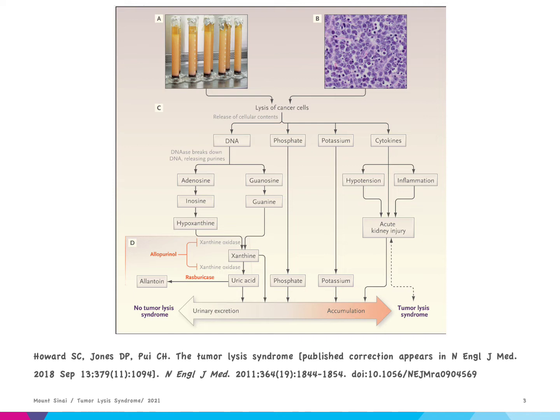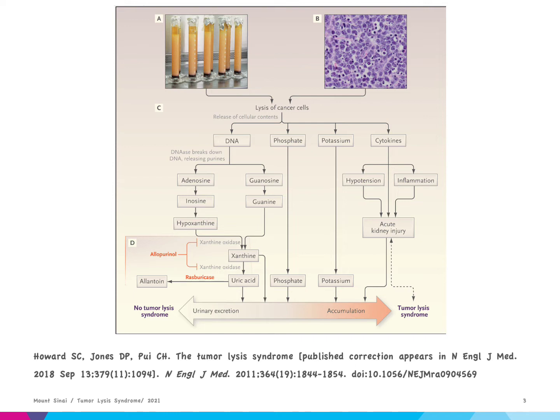Basically, like we mentioned, you have lysis of cancer cells, and this leads to release of intracellular contents, including DNA, electrolytes, and cytokines. This in turn causes acute kidney injury, cardiac arrhythmias, and other conditions that we'll go into a little bit further on. We also have here the accumulation of uric acid from the breakdown of DNA.